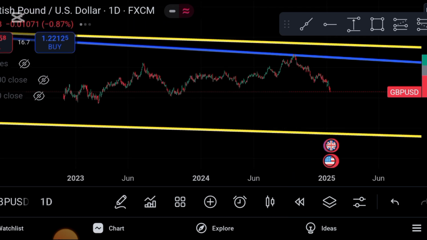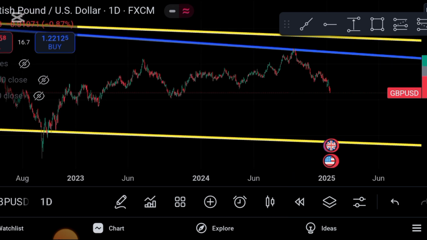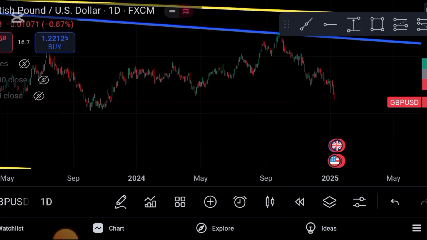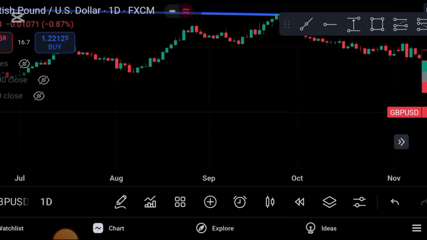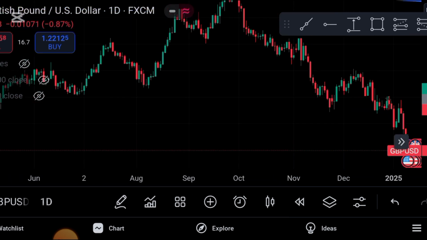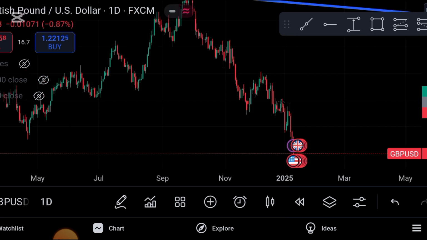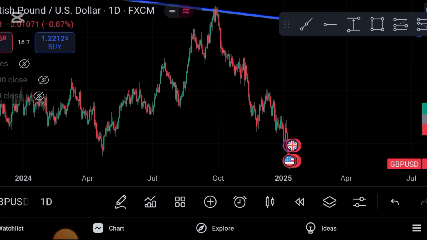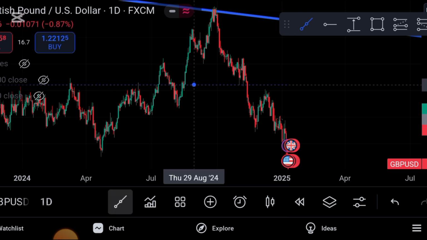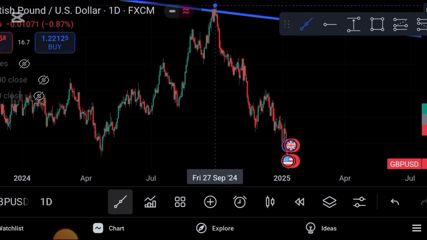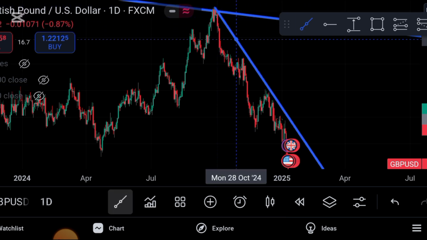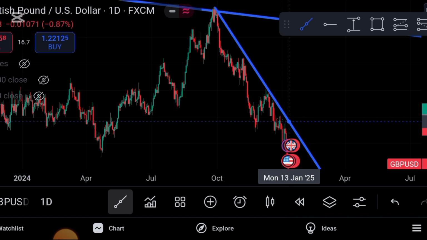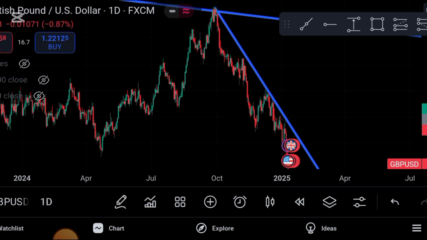Our 1 day chart is going to the downside very intensively, meaning that it is just about to pull back because it has been going down for quite some time.